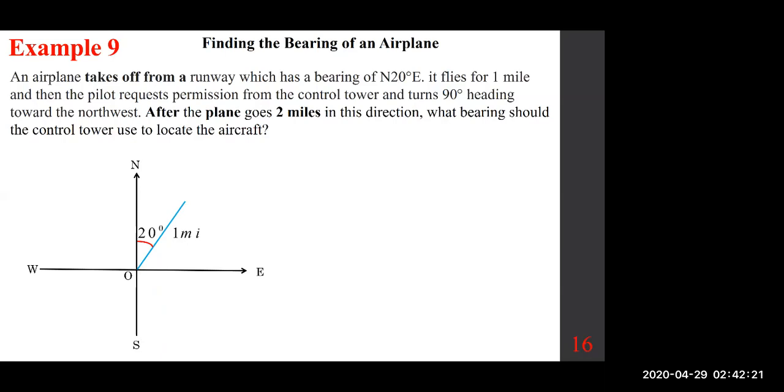As it takes off, the bearing is north 20 degrees east. So this is the direction that the airplane takes as it takes off. And it goes for 1 mile. So it flies for 1 mile.